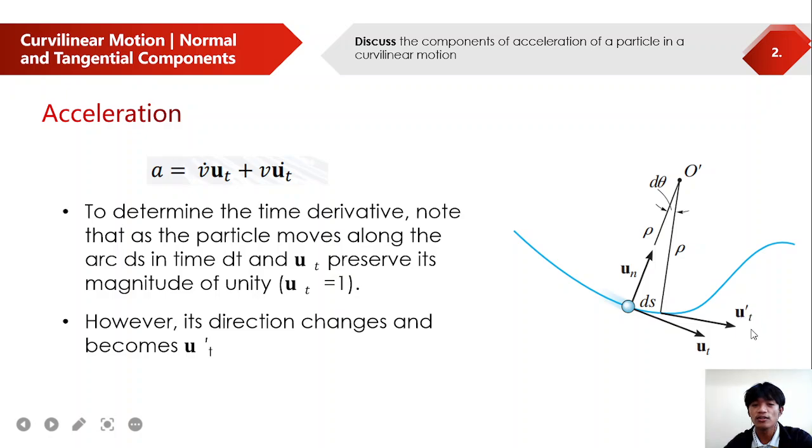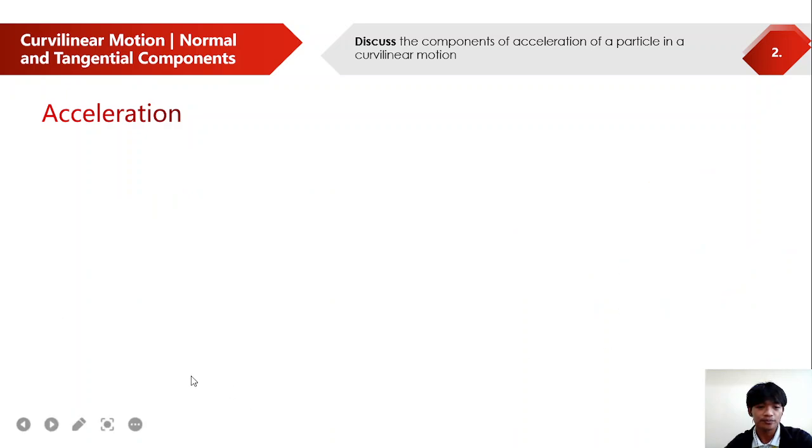Therefore, mag-change yung direction ng tangential component ng final position or the new position of the particle. Siyempre, mag-change yung direction natin dyan sa u prime sub t. Therefore, ang u prime sub t natin is na-create after moving the particle at another position.